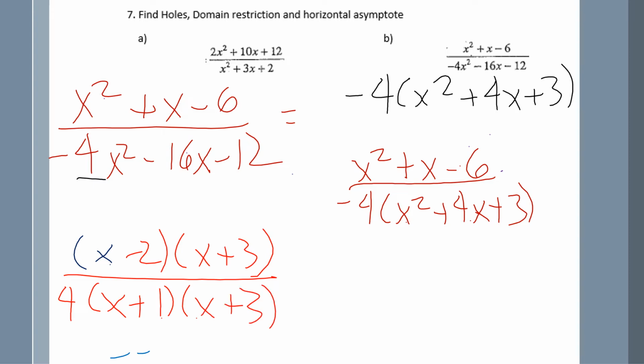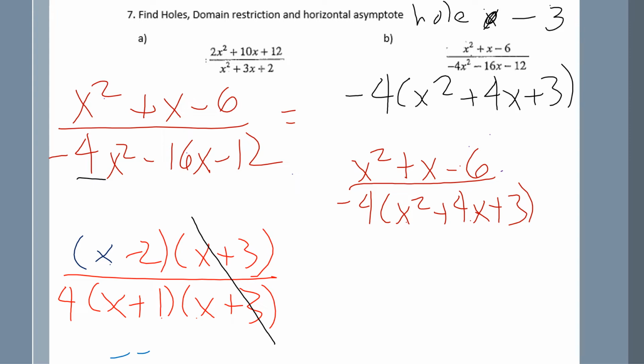So let's find our hole. Of course, that being x plus 3, we know when we solve it, the hole is x equals negative 3. That's my hole, negative 3.